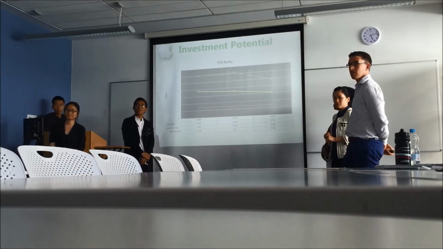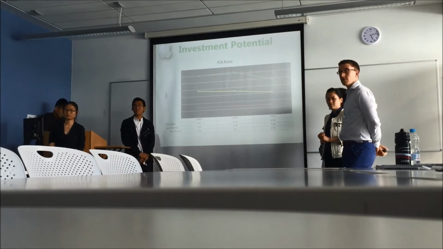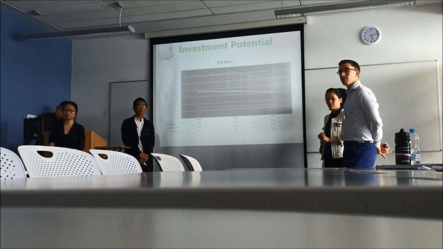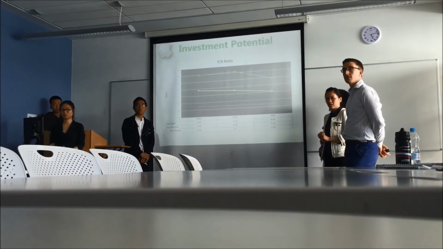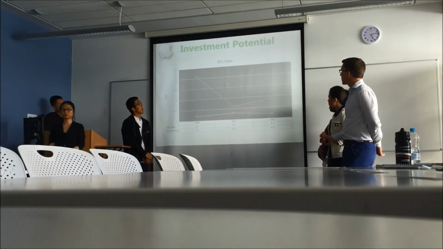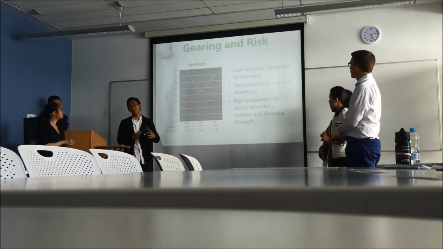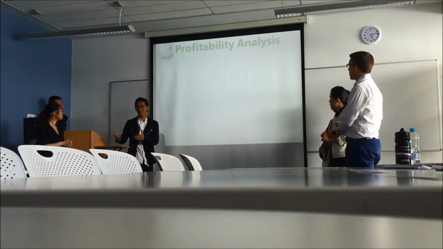Now, asset usage. The phase group said that based on their research, asset usage was poor. Now, your group came up to say that the asset usage was better. Who should we believe and why? It depends on what the industry is, who you compare with. The other group compared with Nokia.